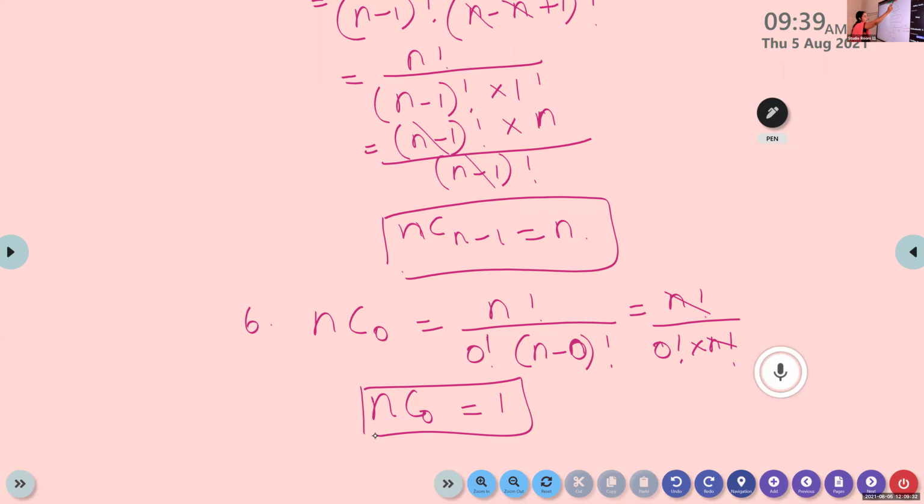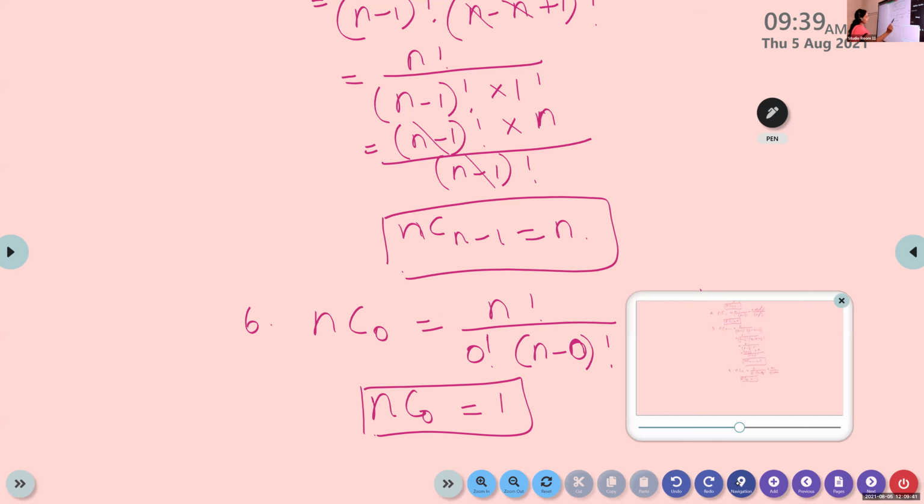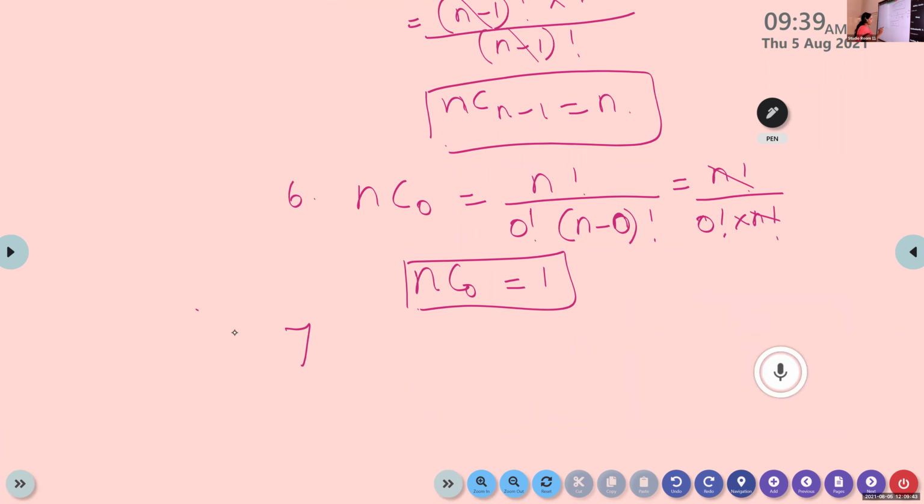So combination deals with selections. And the seventh property we are going to learn is a very important property. nCp is equal to nCq. Listen, children. Suppose the combination values are same.